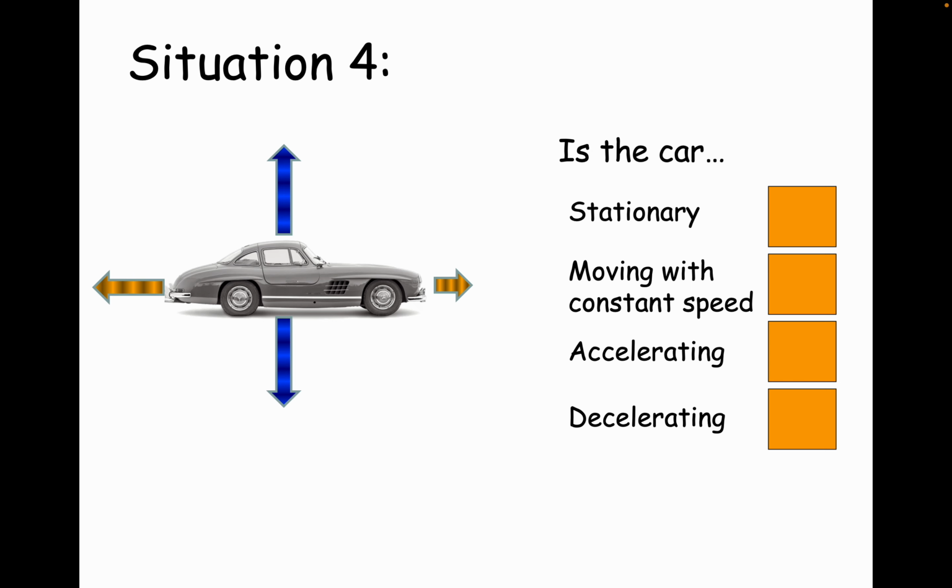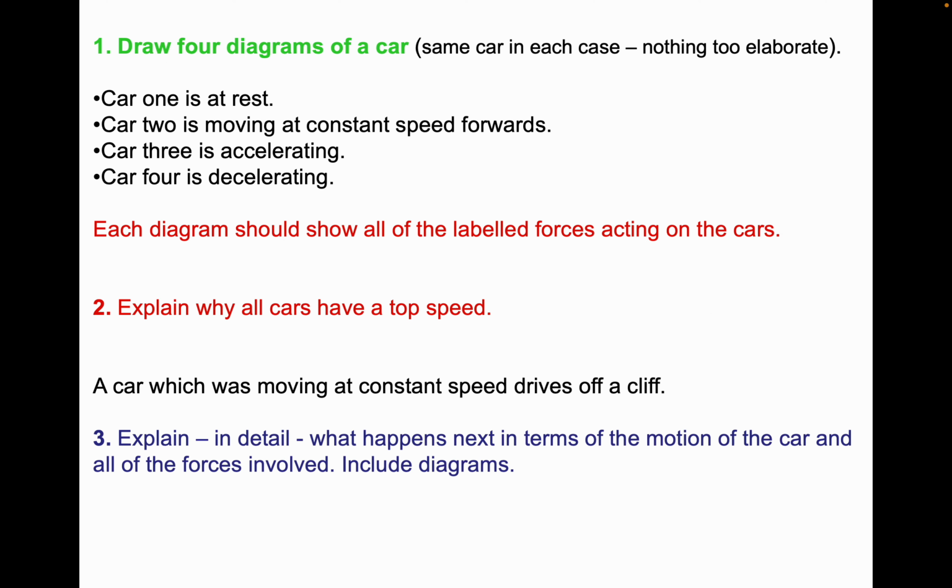So what's going to happen in this case? Is it going to be stationary, moving at constant speed, accelerating, or finally, decelerating? The answer is decelerating, because the reverse force, in the direction opposite to the motion of the vehicle, is greater than the force forwards, so the car will slow down or decelerate.